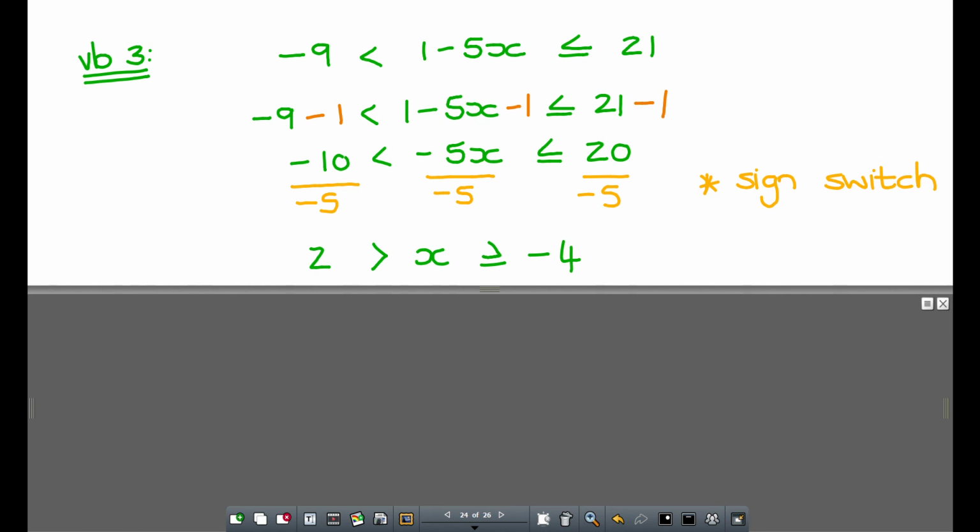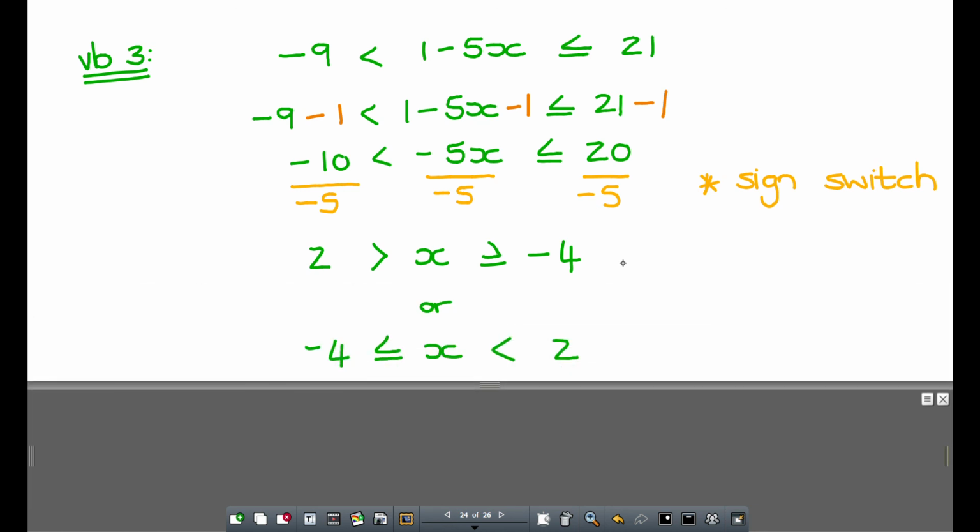Dit wat hier staan en dit wat daar staan is presies dieselfde ding. It's the same thing. I just wrote it because 2 is bigger than minus 4. And we usually put the smaller number on the left-hand side. Nee, is julle reg? Goed, so, as jy sukkel om dit te skryf, do that.